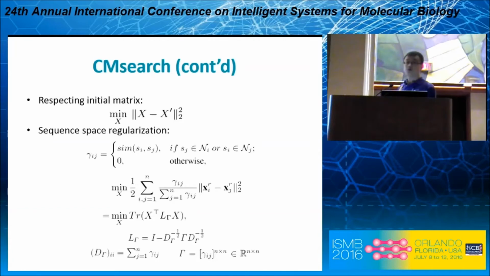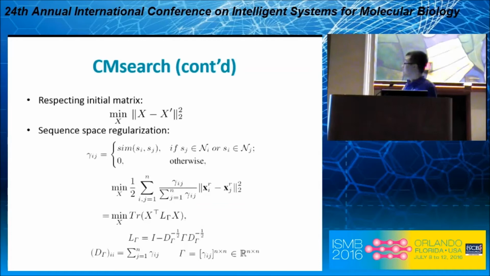So my objective function contains the following terms. First of all, I request my finally learned matrix X cannot be too different from my initial matrix X prime. And for that, I put a quadratic loss term here. And secondly, if I have a sequence similarity matrix in my sequence space, and again, let's assume I have that for now. So if two sequences, Si and Sj, are very similar to each other, then I would assume that their corresponding mapping vectors to the structure space should also be similar to each other. Otherwise, I will penalize that.